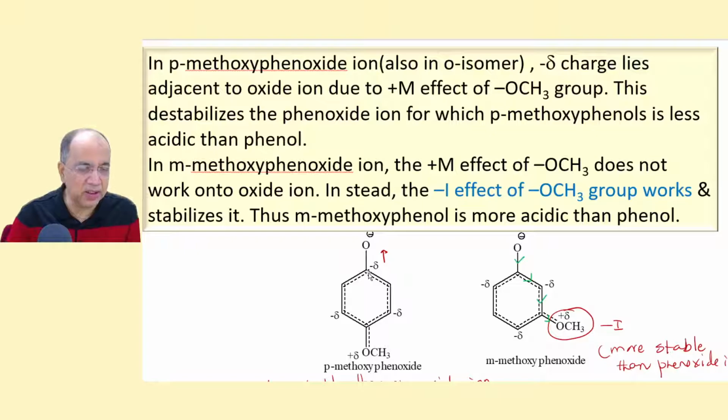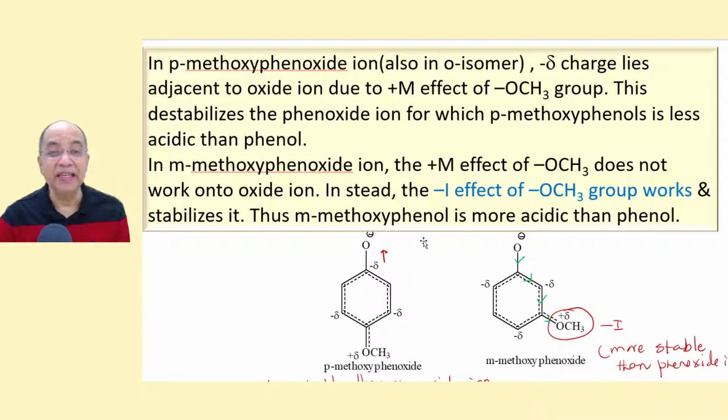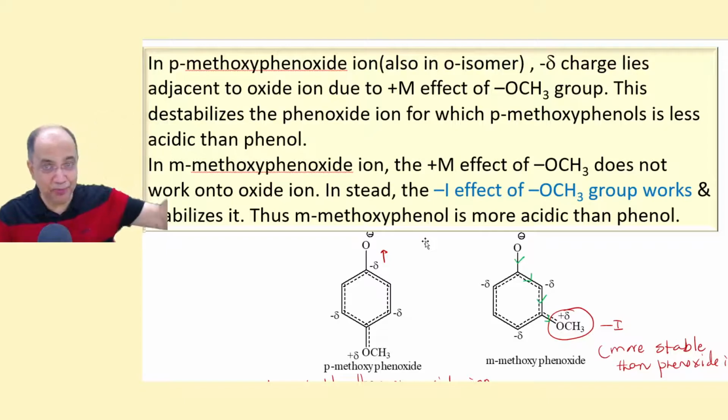Minus delta is created in the ipso carbon with respect to the phenoxide ion, and that will destabilize because of repulsion. Because of strong electron donating nature, the negative charge will be destabilized. Therefore, the corresponding acid, paramethoxyphenol, is a weaker acid, and this is the weakest among those I have shown you before.